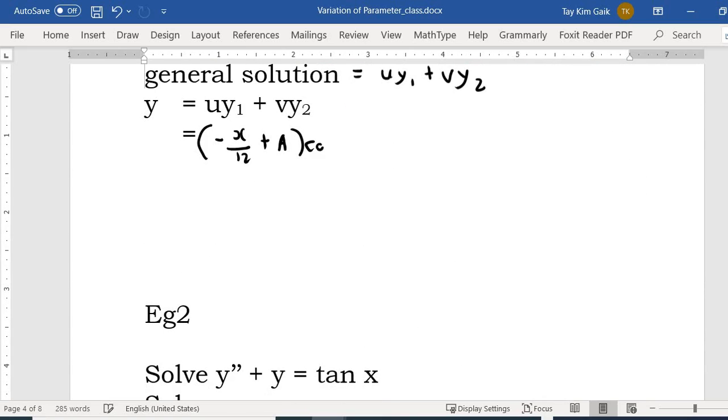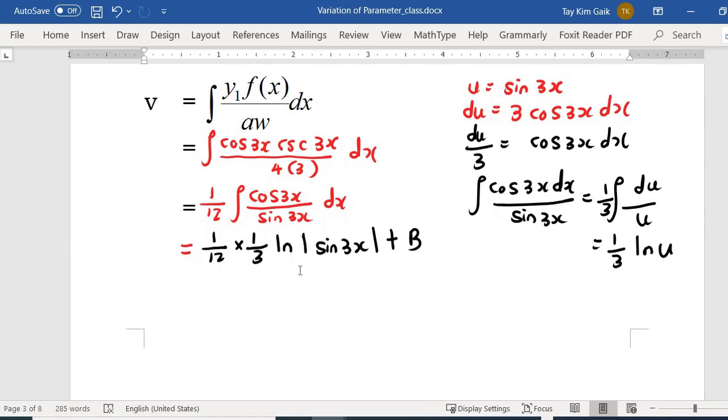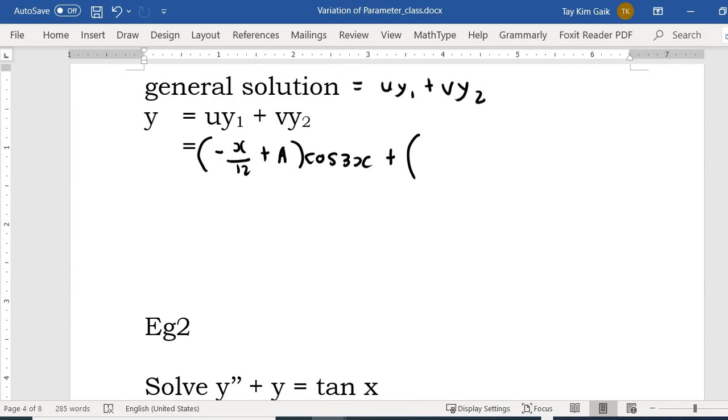Then add the v that you obtained in this step, which in total is 1 over 36 ln sin 3x plus b. y2 is sin 3x.